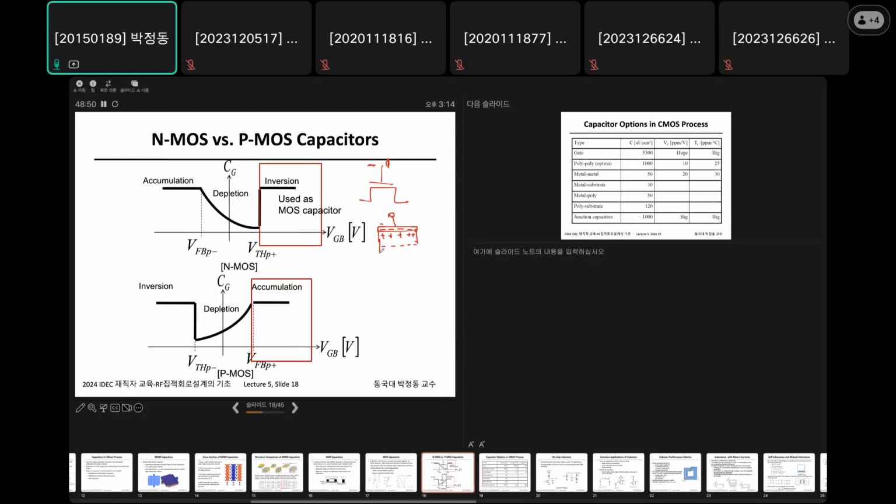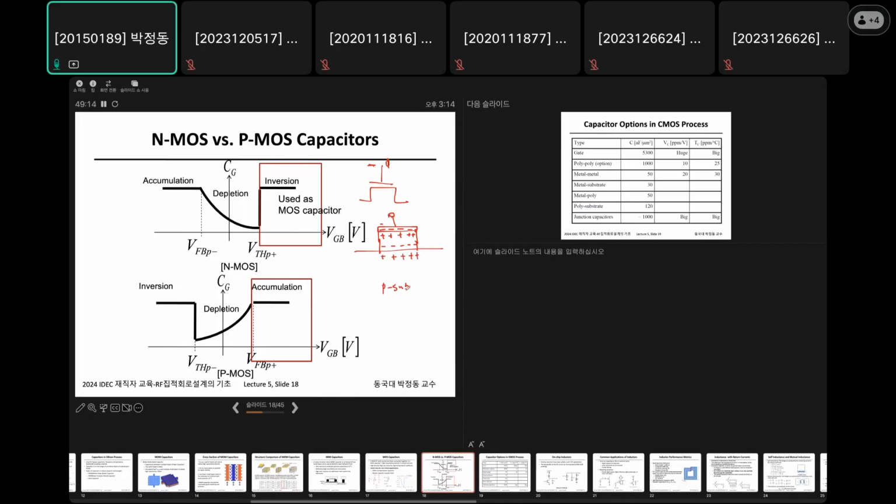So at the surface of this substrate, the free carriers, which are holes because this is a P substrate, are induced over here.